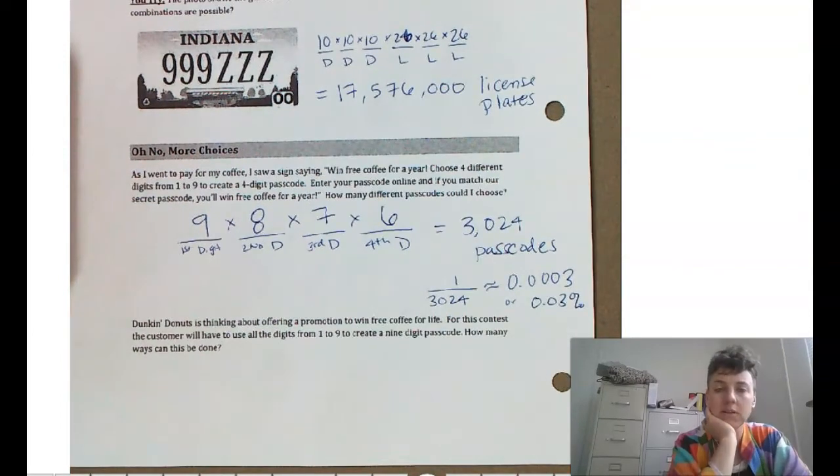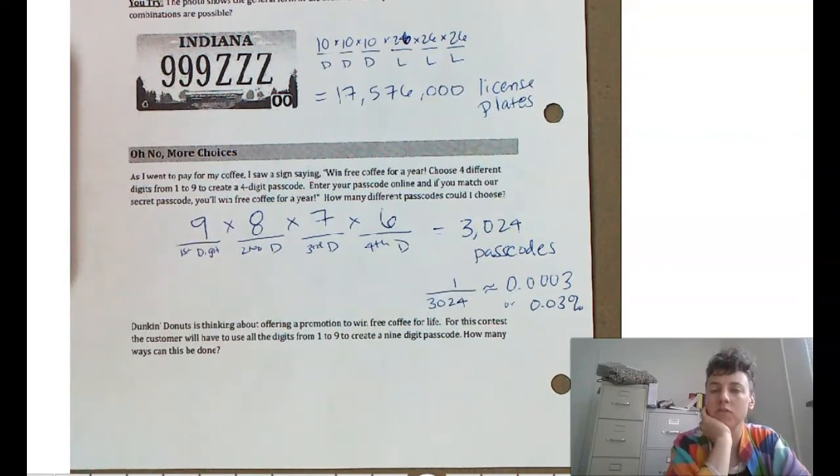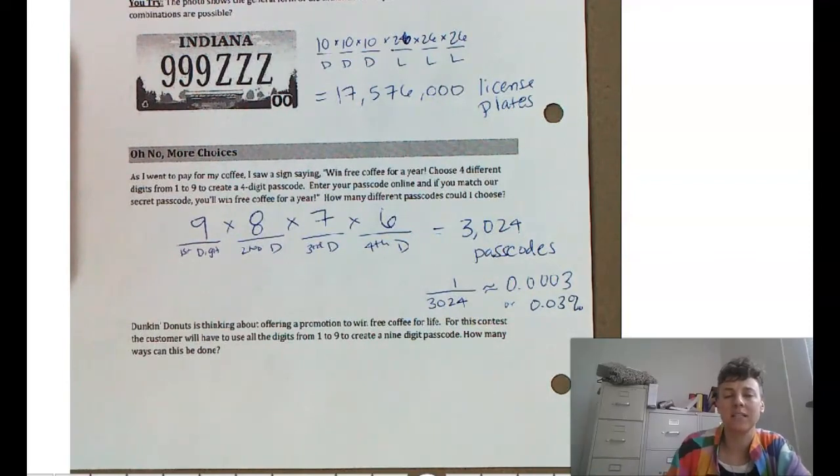All right, well, Dunkin' Donuts is thinking about offering a promotion to win free coffee for life. For this contest, the customer has to use all the digits from 1 to 9 to create a passcode. How many ways can you do this? So we have to use all the digits from 1 to 9.